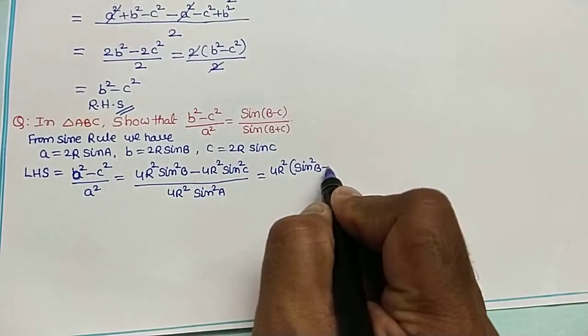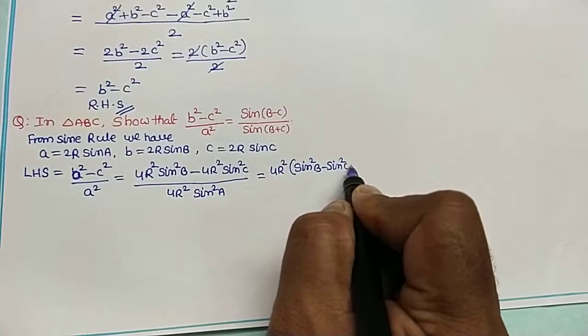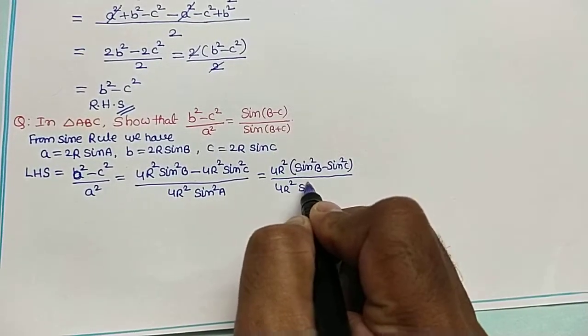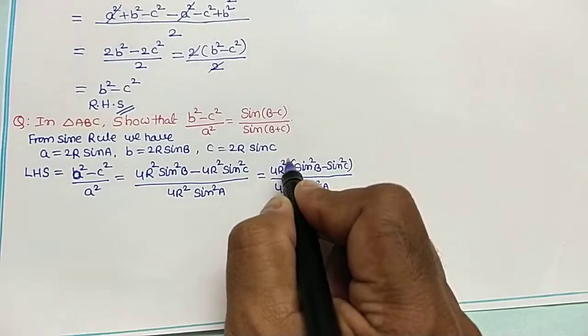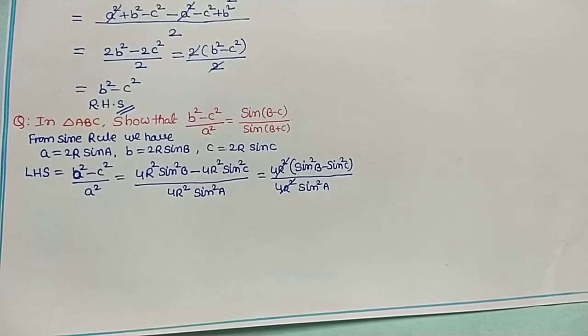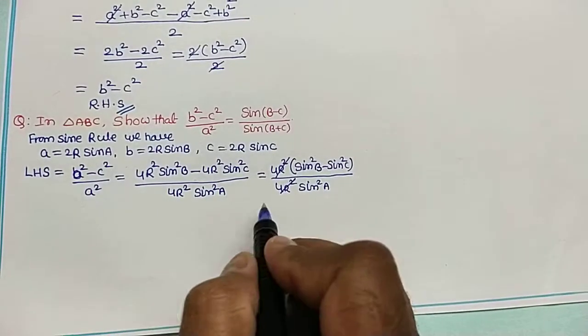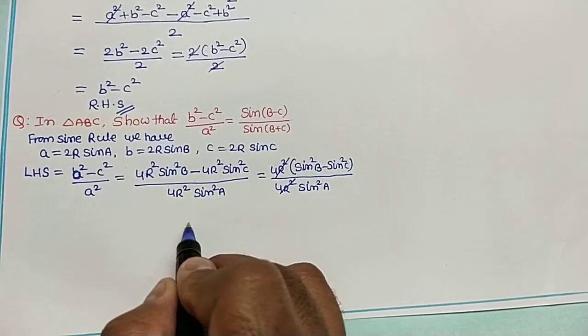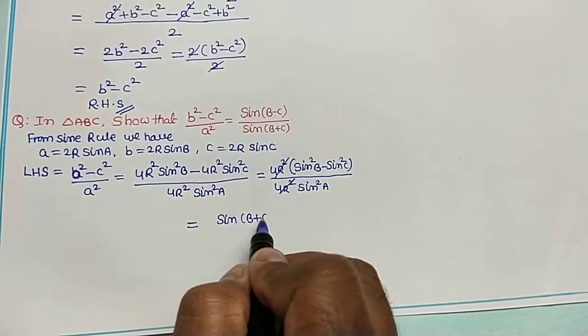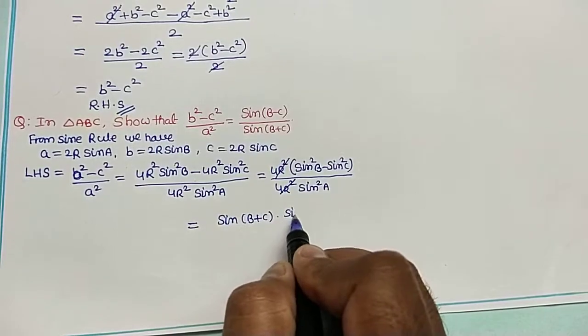Sine square B minus sine square C divided by sine square A. Sine square B minus sine square C can be written as sine of B plus C into sine of B minus C.